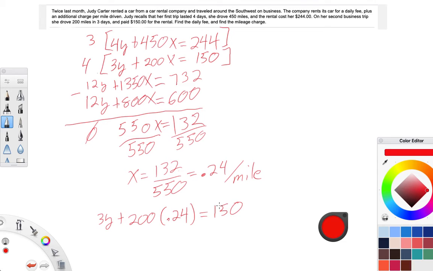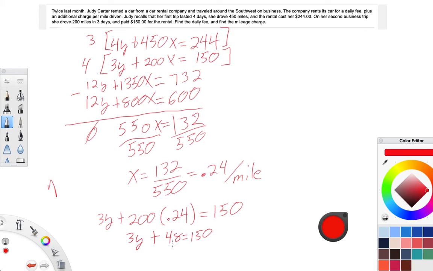I'm going to again use this magical miraculous calculator and multiply 200 times 0.24 because I don't want to do that in my head. So 3y plus 48 equals 150.